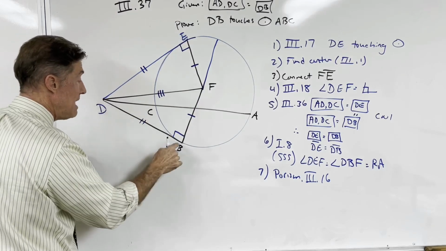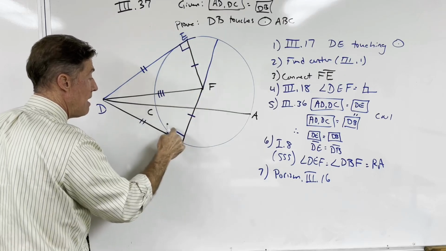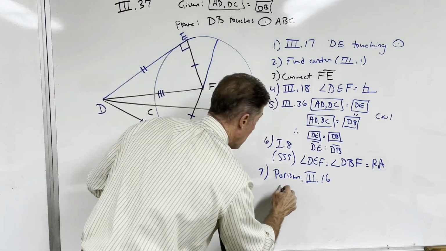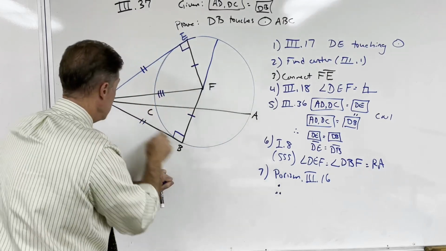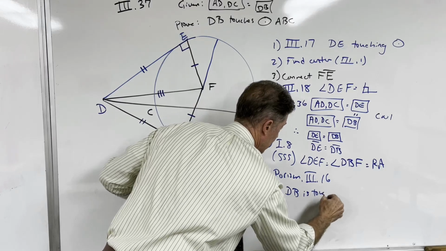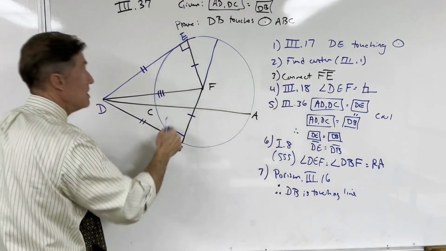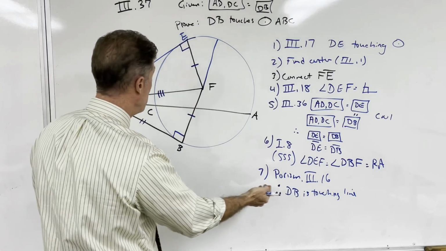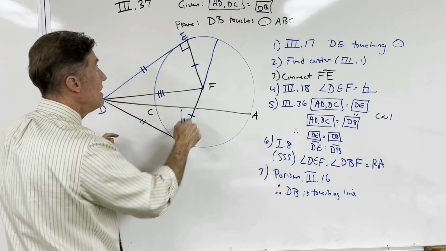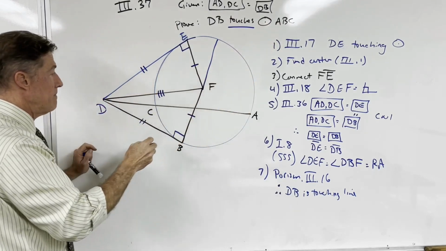And we have DB making contact with the extremity of this diameter at a right angle. Therefore, DB is a touching line. It is tangent.